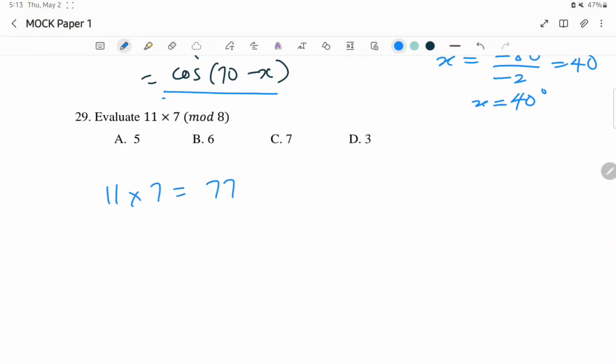So the evaluation of 77 in modulus 8 is simply going to be the remainder when you divide 77 by 8. The whole number you will get is 9, because 8 times 9 is 72. So the remainder is going to be 5. It is this 5 that is your answer.